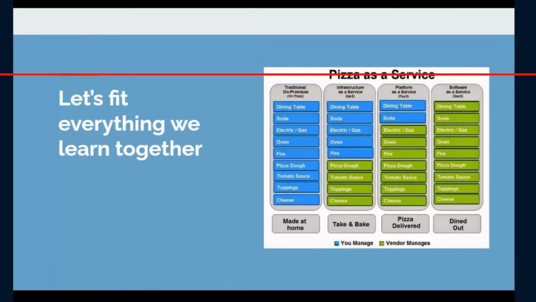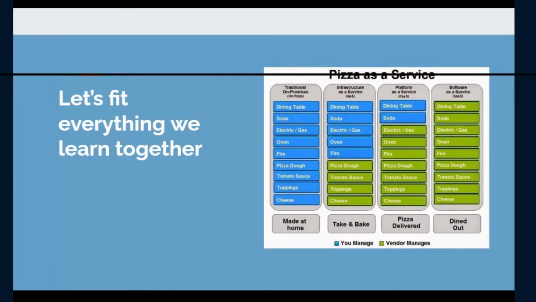In the cloud, you need hardware to do that. Take and bake is like infrastructure as a service. You don't need tomato sauce or cheese, just take it.